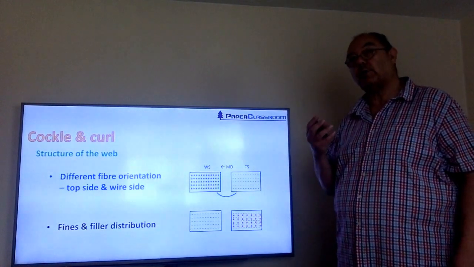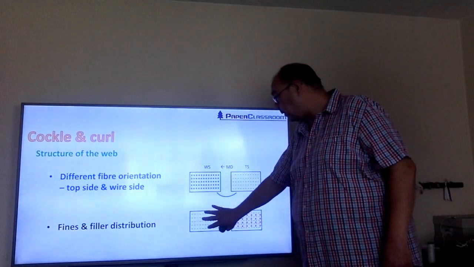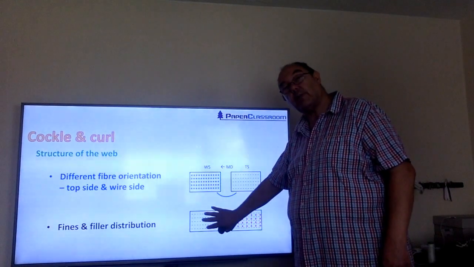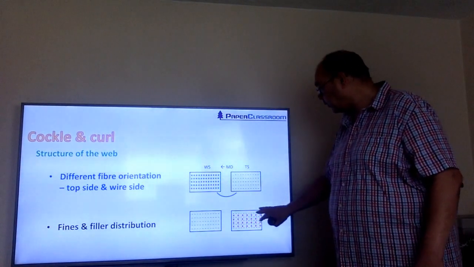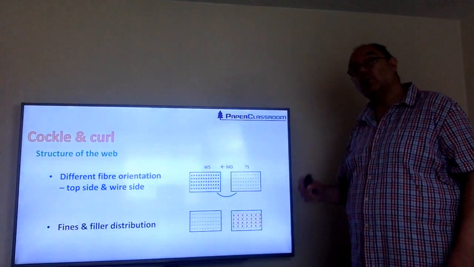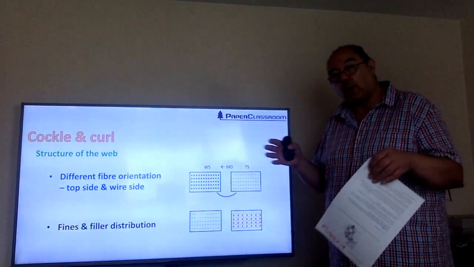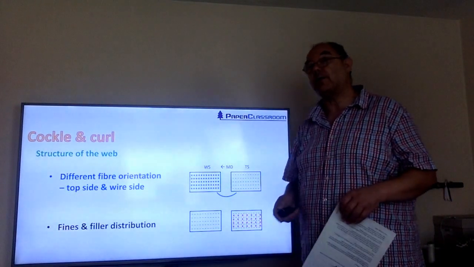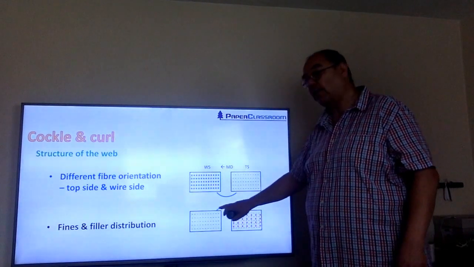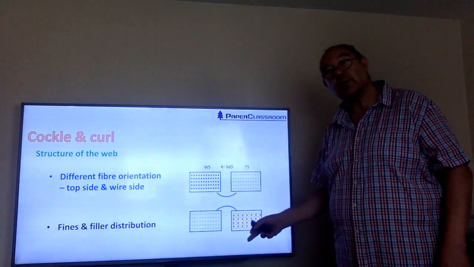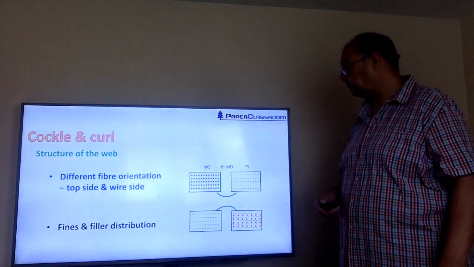If we now try to dry out this sheet, then the wire side of the sheet will shrink a lot because there's only fibre there. The top side of the sheet will not shrink as much because the filler particles will interfere with all the fibres trying to shrink, and therefore again the top side and the wire side will be different lengths, and therefore you'll get curl in the sheet.